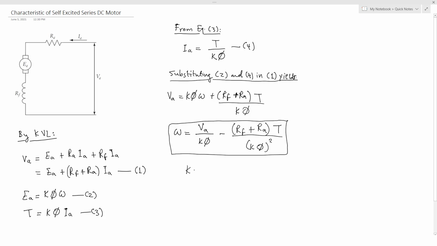Because we know that K phi equals the flux-producing constant times IF, and here IF equals IA, because here also you can see IF, which is also IA. This means that phi equals K prime IA.